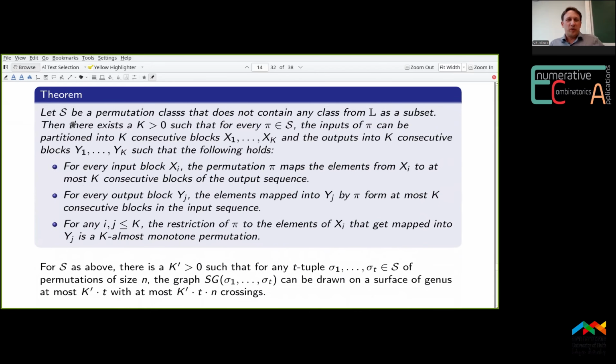If you know that your permutation class satisfies these structural properties, then you can show that a sorting graph of a t-tuple of permutations from such a class can be drawn on a surface of not too large genus with not too many edge crossings.